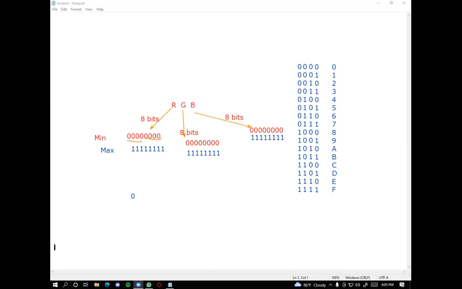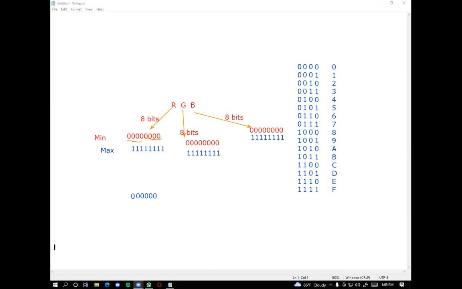Next 2. So what is the color? Again, you have 4 zeros, 4 zeros. Color is 0, 0. You can see no red, no green, no blue.